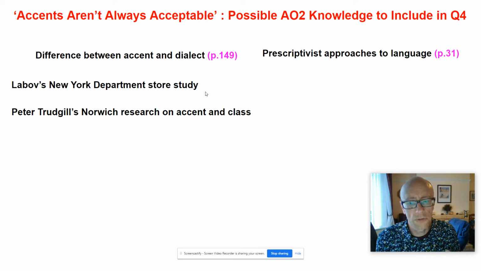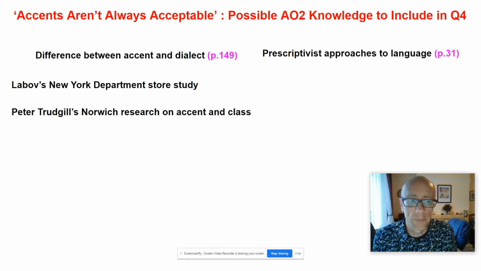In terms of studies that I think would probably relate to this, good old William Labov and Peter Trudgill, both of those two did important studies about the linkage between language and social class. And William Labov's is particularly interesting because it's talking about the language that's being used in department stores. And the original article was about Selfridges, so that would be quite interesting.